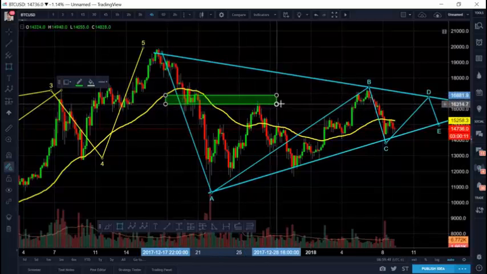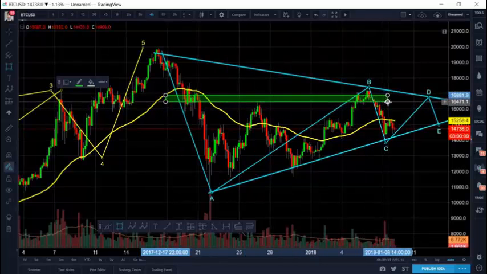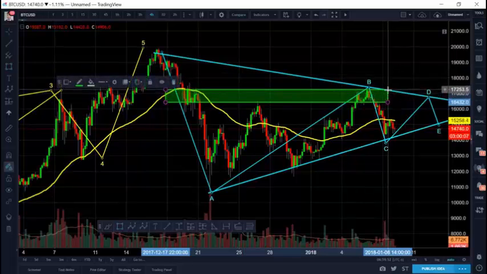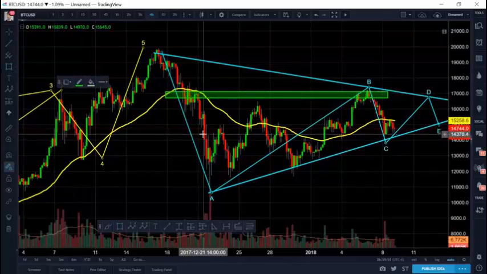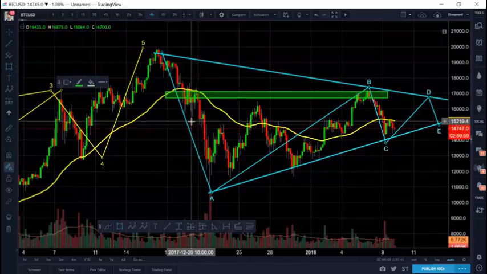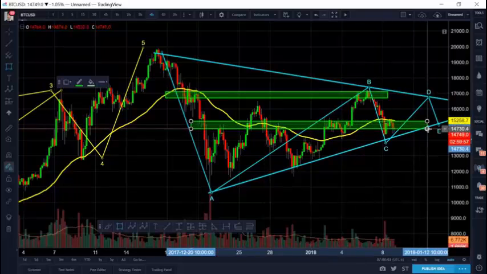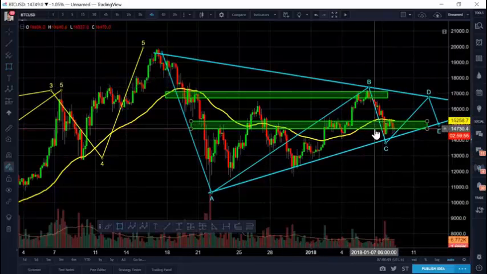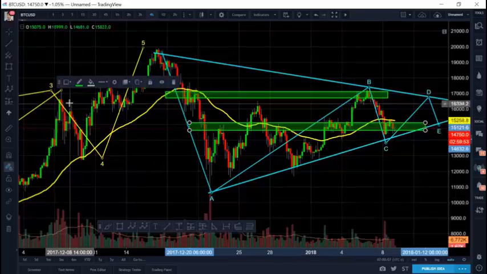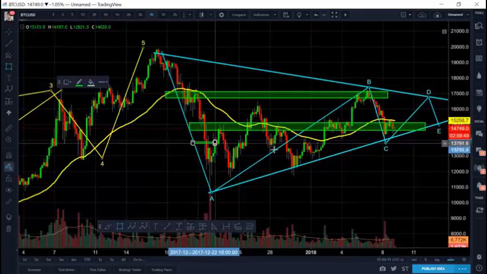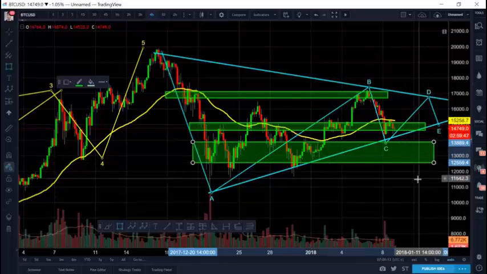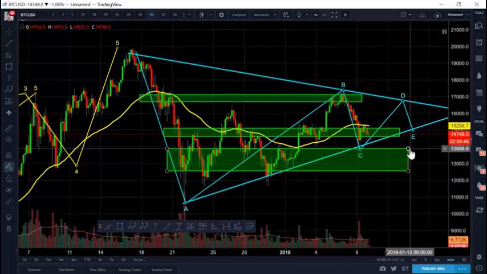This was a major area, right? Right around here was a major resistance/support area. Another key area would be kind of around, actually there's like 3. This area is there. And then now we have kind of these areas right here.